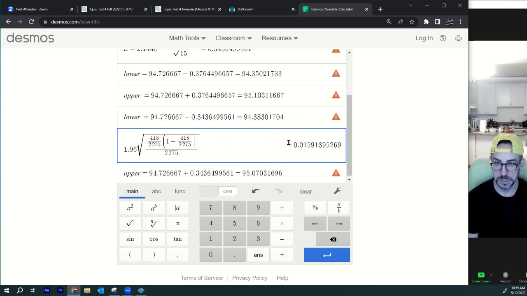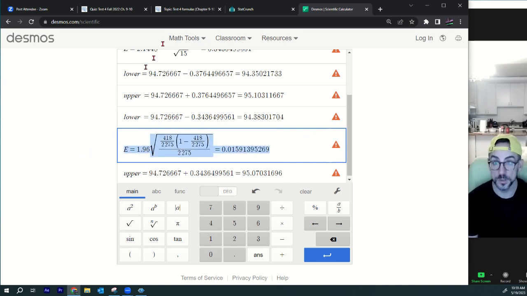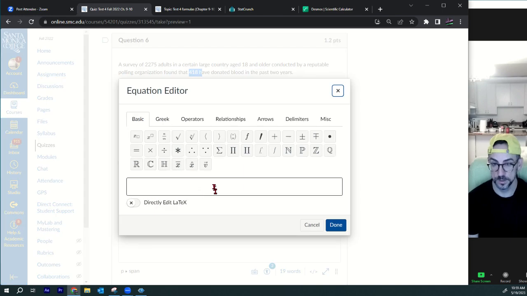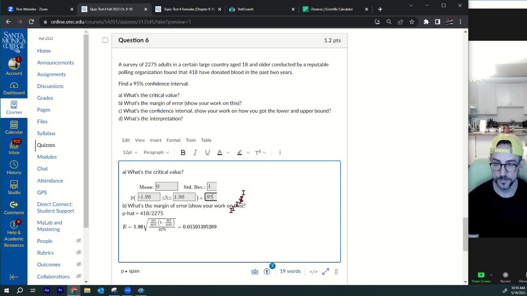This worked. That's the margin of error. So we could do this, Control C, Control V, maybe put an E over here, and then go back to the test, insert equation, Control V. Looks good.